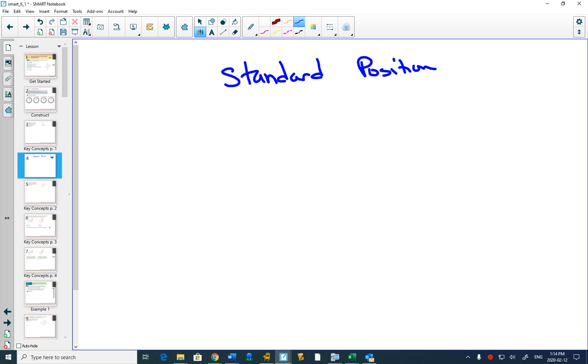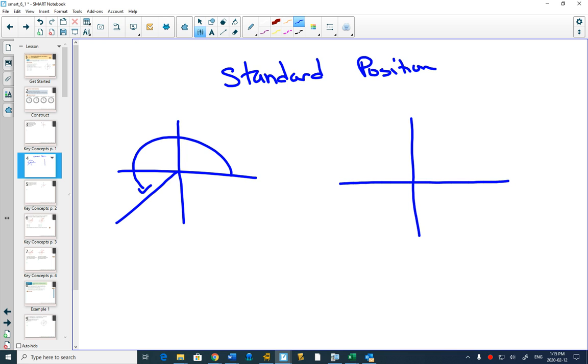Sounds like a very exciting game. It will be. And the way that this game works is I draw an angle. That angle is in standard position. Then I draw another angle on this side, and that angle is not in standard position.